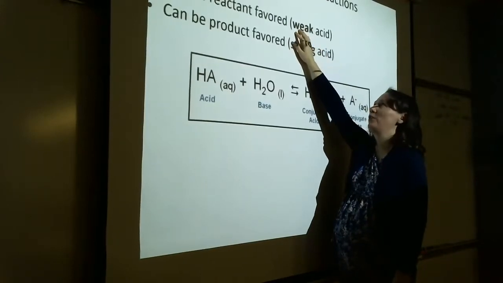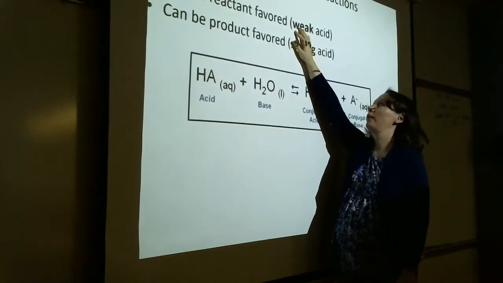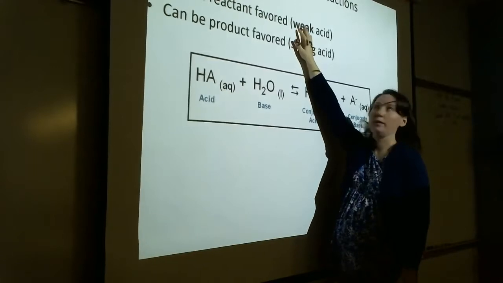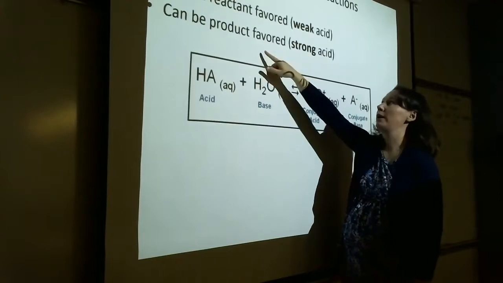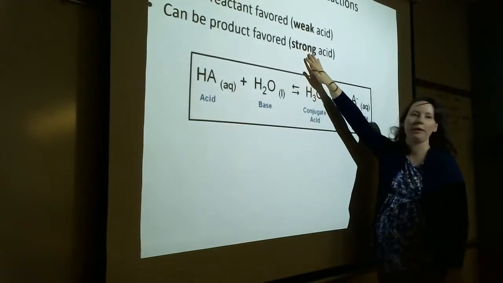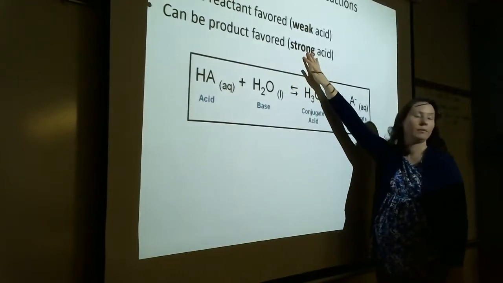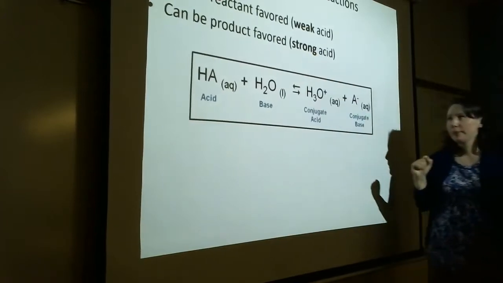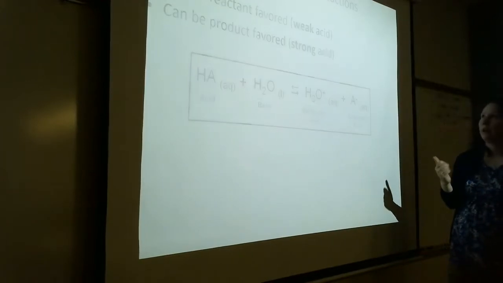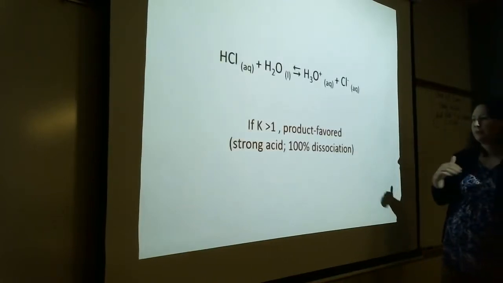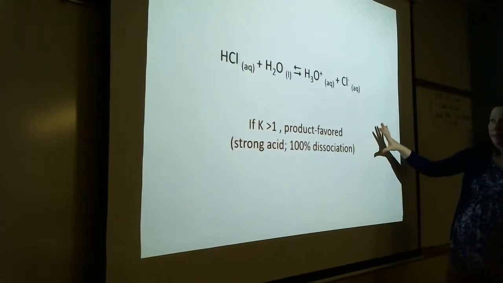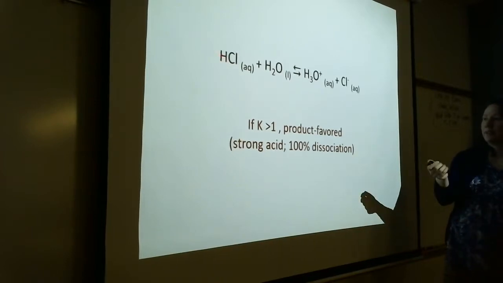Must know that. What would the K value be: greater than 1, less than 1, equal to 1? Less than 1. And if it's a strong acid, that means it's product favored. K value greater than, less than, or equal to 1? Greater than. So the definition of strong and weak acid comes from the K values. So here's an example of a strong acid. HCl is a strong acid.